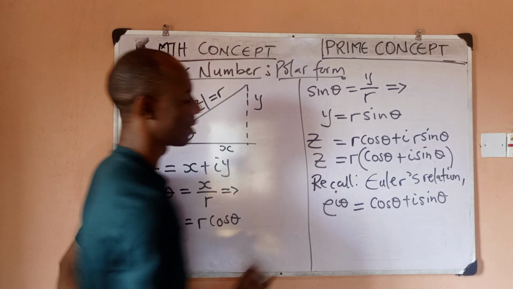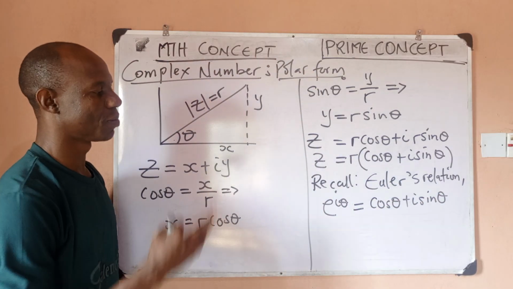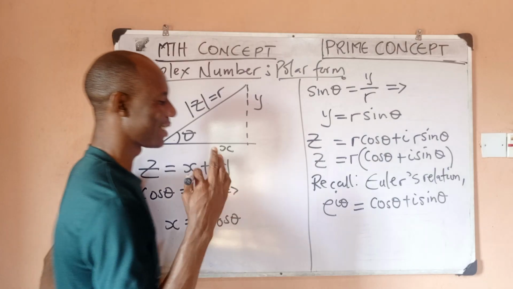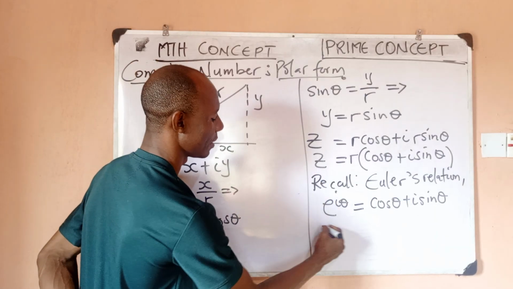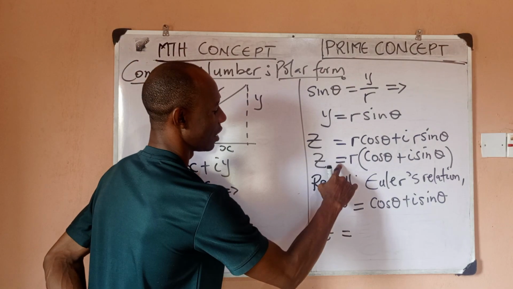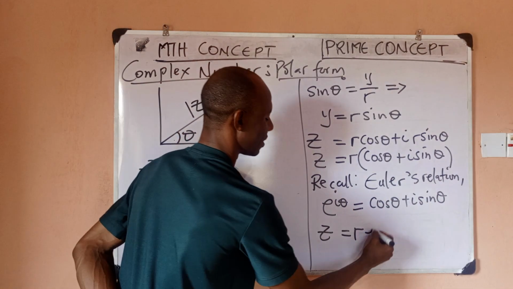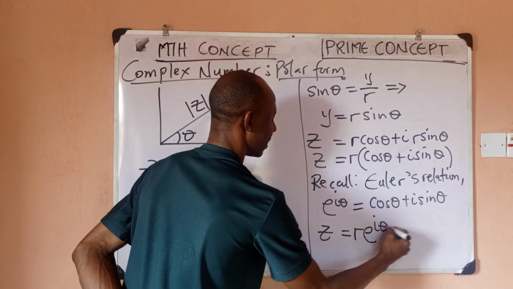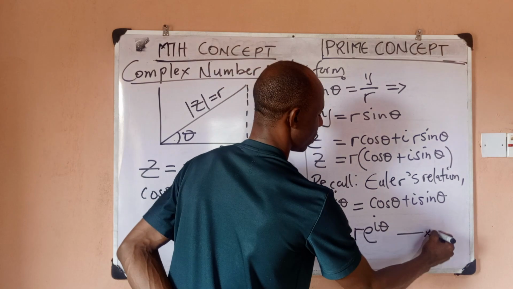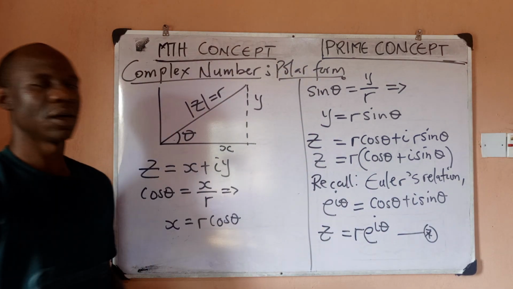So according to Euler, this relationship is true. So if that is the case, it means that we can still say that z is equal to r, now instead of writing this, I would know that it is same as exponential i theta. So this is also known as polar form of complex number.